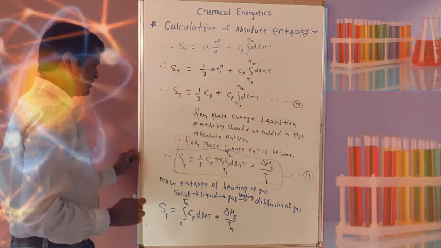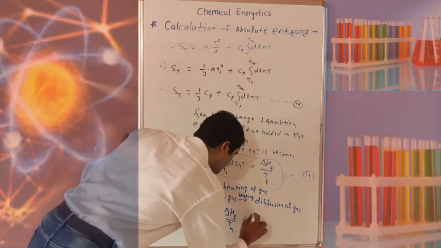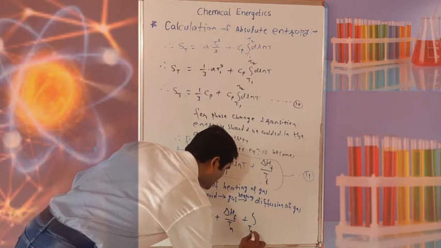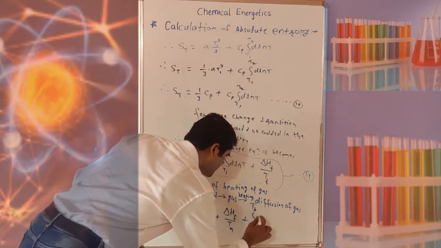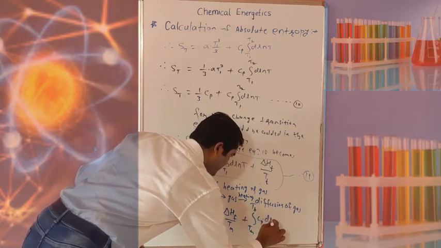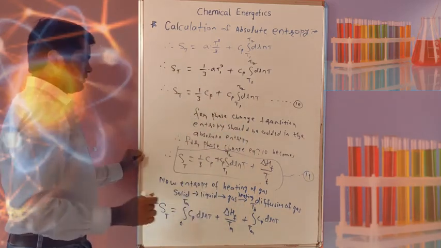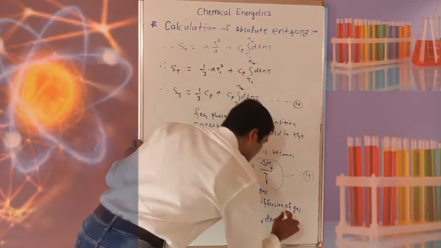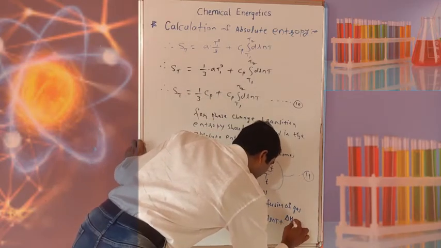So this we have to add, plus then T melting point to T boiling point, Cp into d ln T, plus we have to add heat of vaporization delta Hv upon T boiling point.